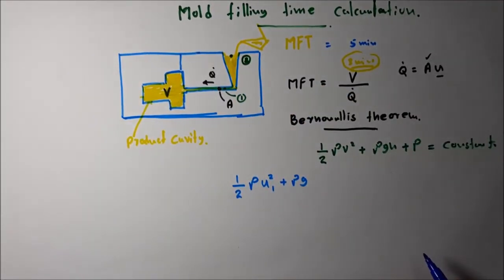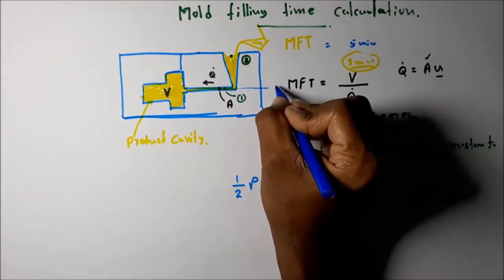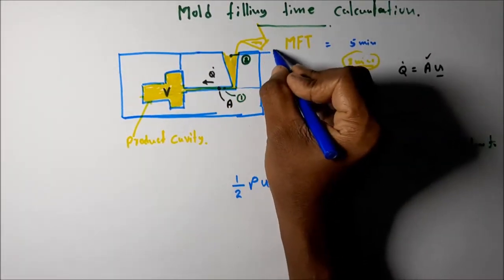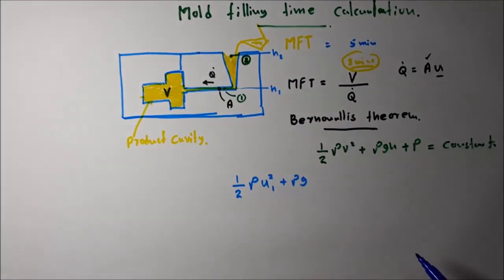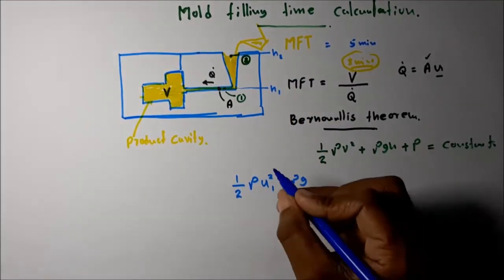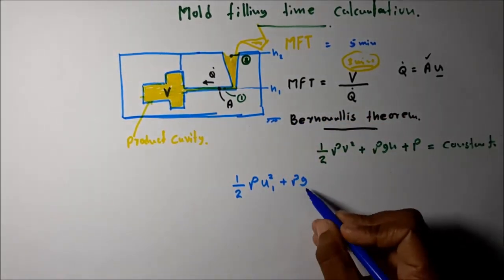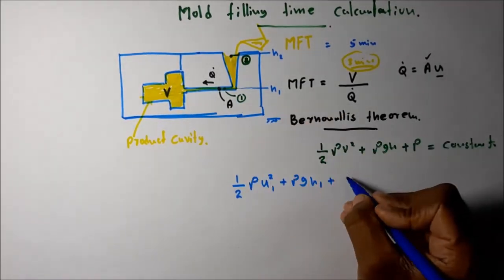The height means the height from a reference level. Let's take the height for point 1 as h1 and for point 2 as h2, measured from this reference level. So rho g h1 plus pressure.